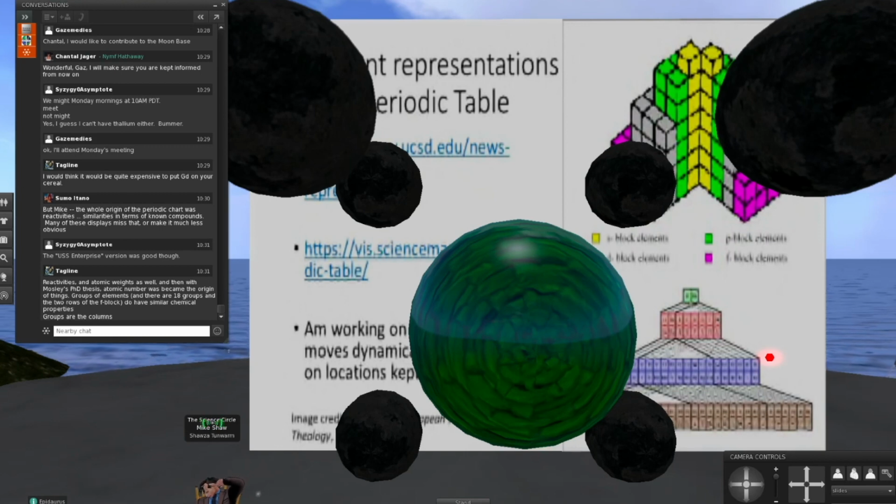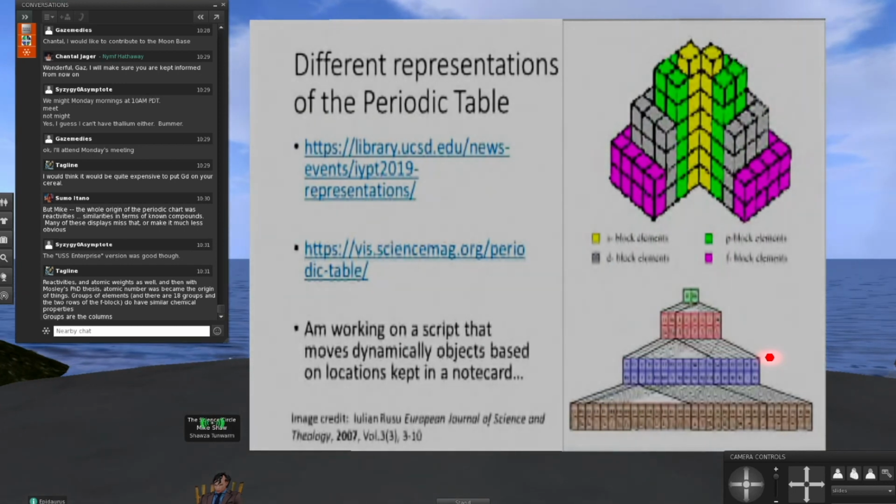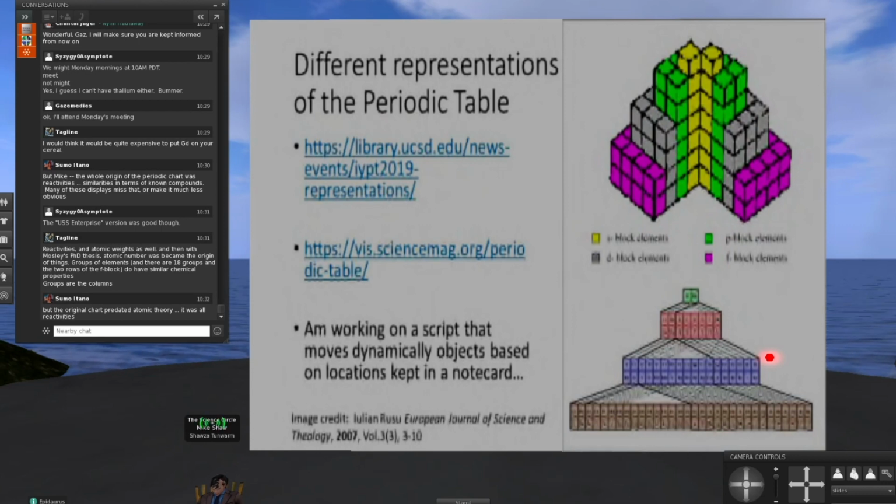If I have this little controller, it says on channel 601 the word gadzooks and makes it go away. So far I've got a good start on scripting stuff, so we can have some interesting exhibits.